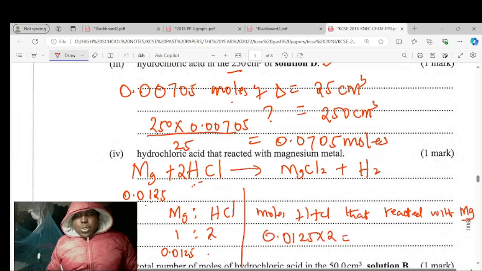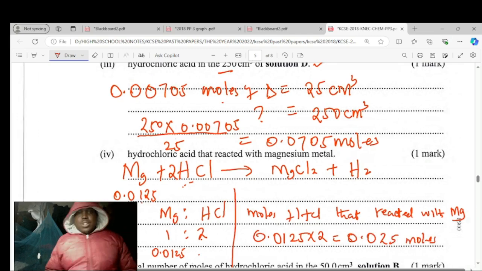When you press the calculator you get 0.025 moles. This is the moles of HCl that reacted with magnesium initially, before we came to procedure 2. Very nice.